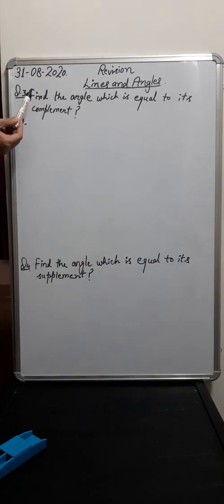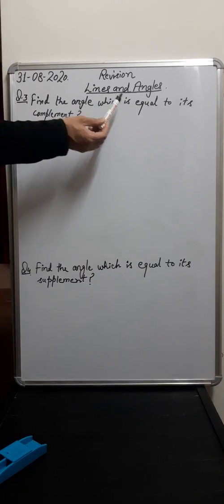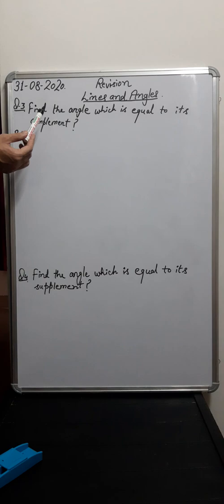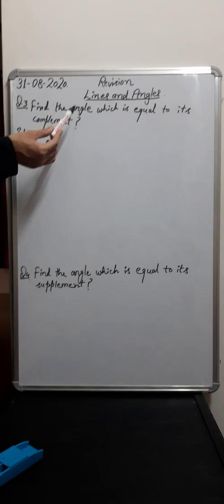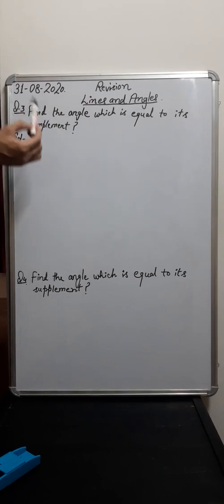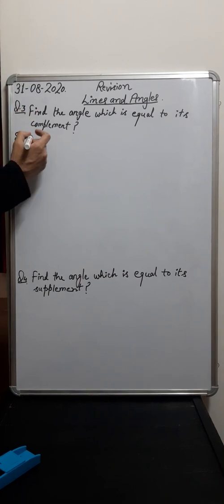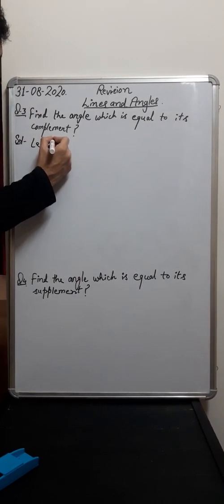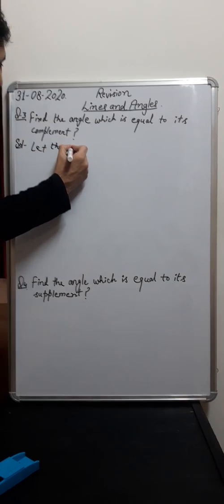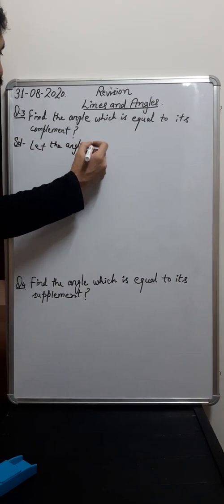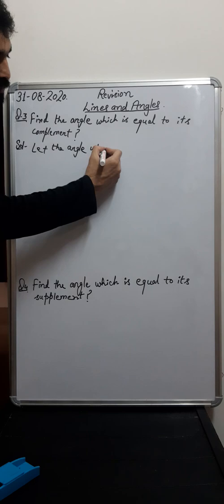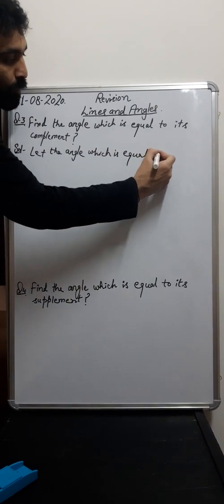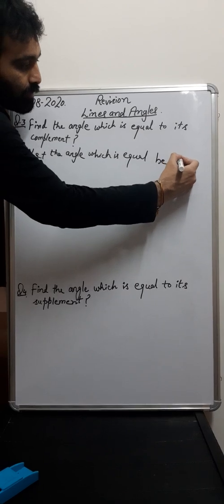Question 3: find the angle which is equal to its complement. Here we have been asked for the angle which is equal to its complement. So first let the angle be x.